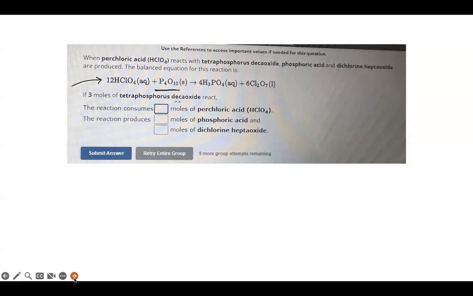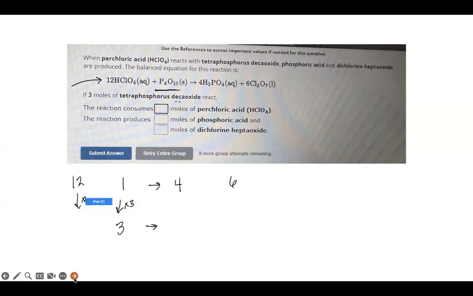So basically, right now, the coefficients are 12, 1, 4, and 6, but they're saying what would happen if this coefficient, which was once 1, is now 3. So basically, we're multiplying everything by a factor of 3.